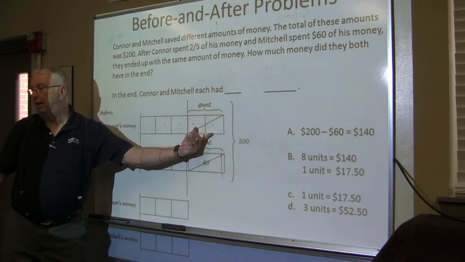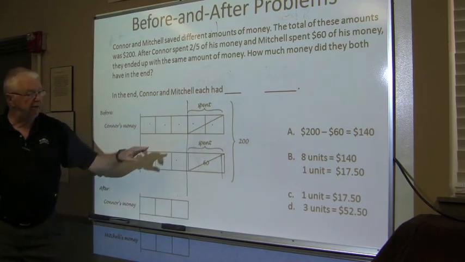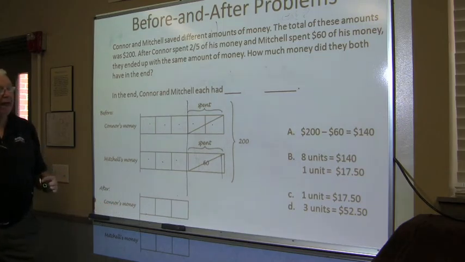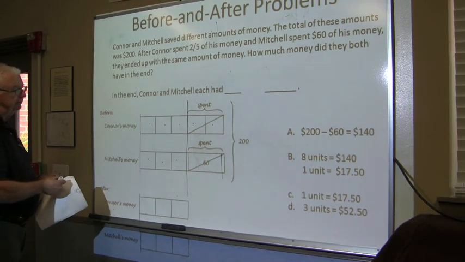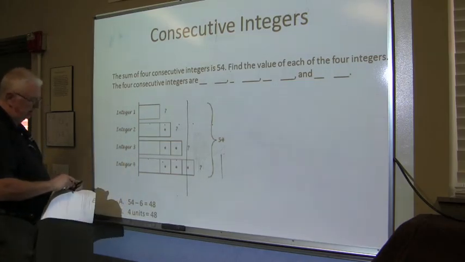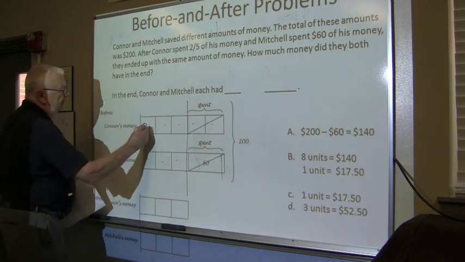It just says 2/5. So I included that. Then I get 8 units equals $140. Divide both sides by 8. 1 unit equals $17.50.